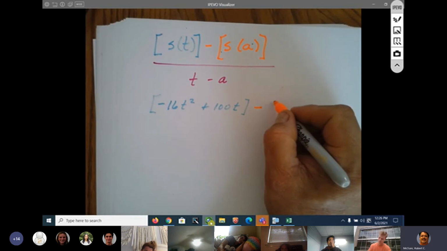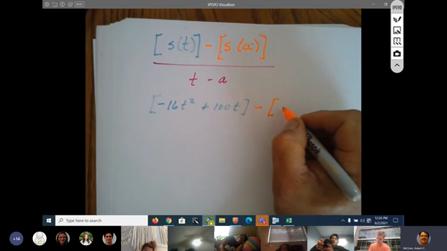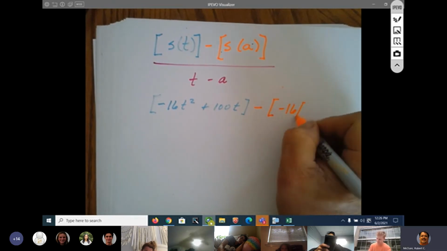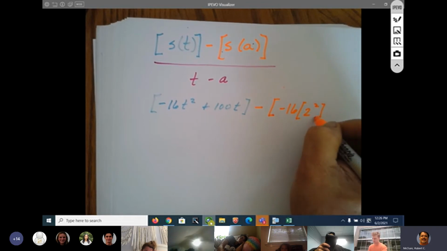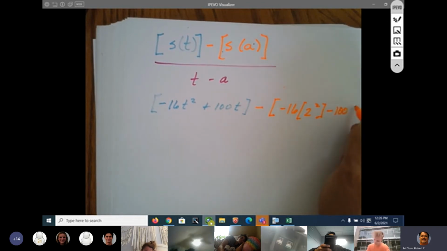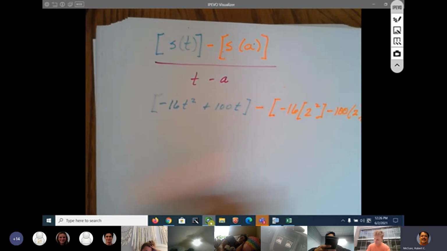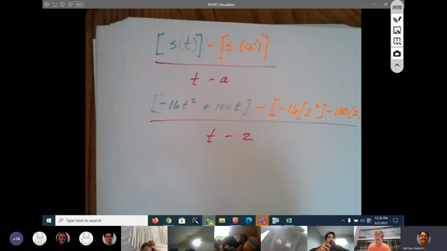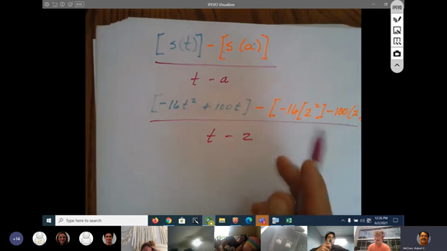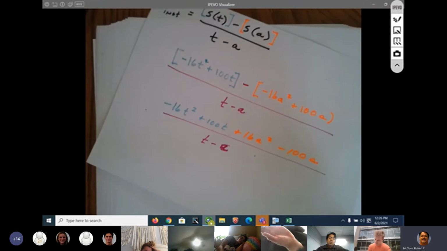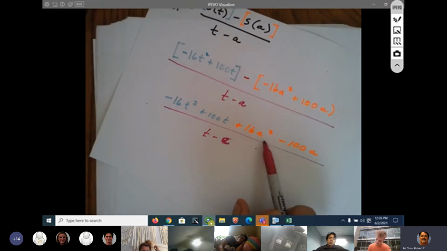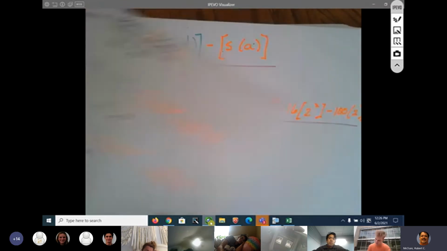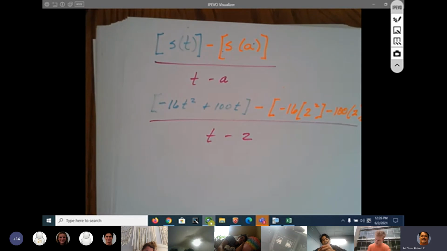You can do it before or after. So that's going to be 16 and then 2 squared minus 100 times 2, over t minus 2. So that's what happens. Now you could have done that here also, but since they're doing it at the beginning, we can do that also.